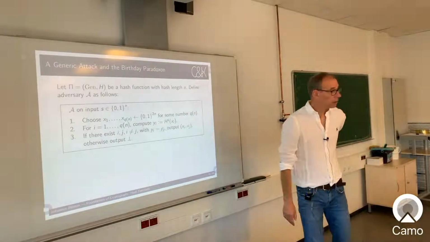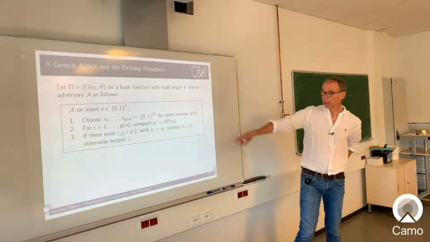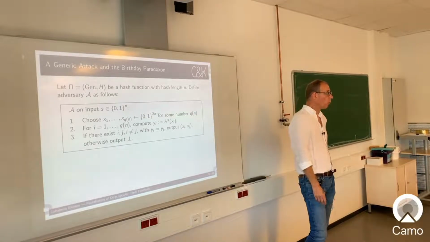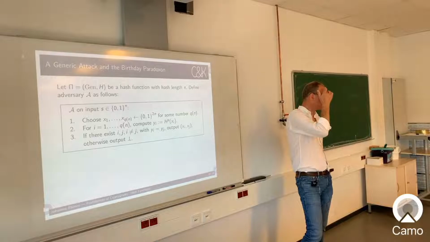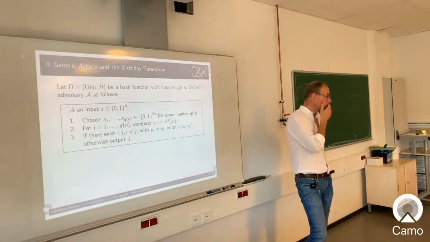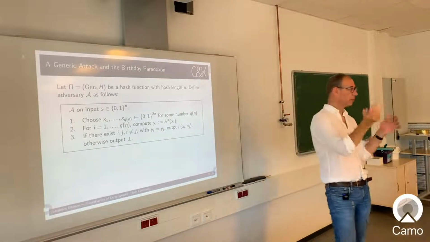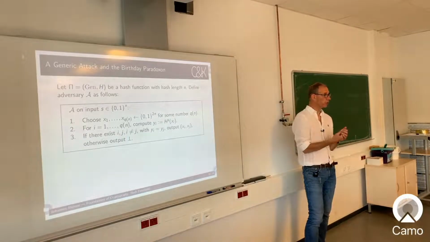And we want to determine this number q(n) for which this algorithm with, say, constant probability finds a collision. So it just picks random arguments, checks whether there is a collision between two of them.